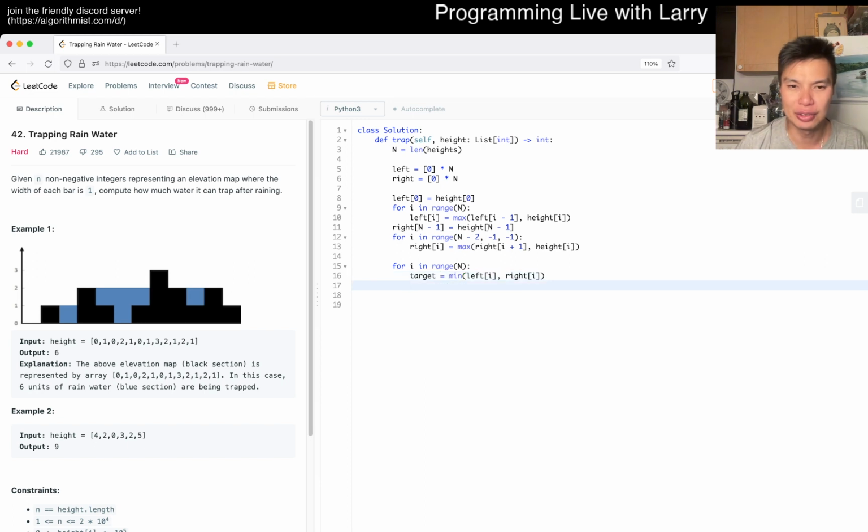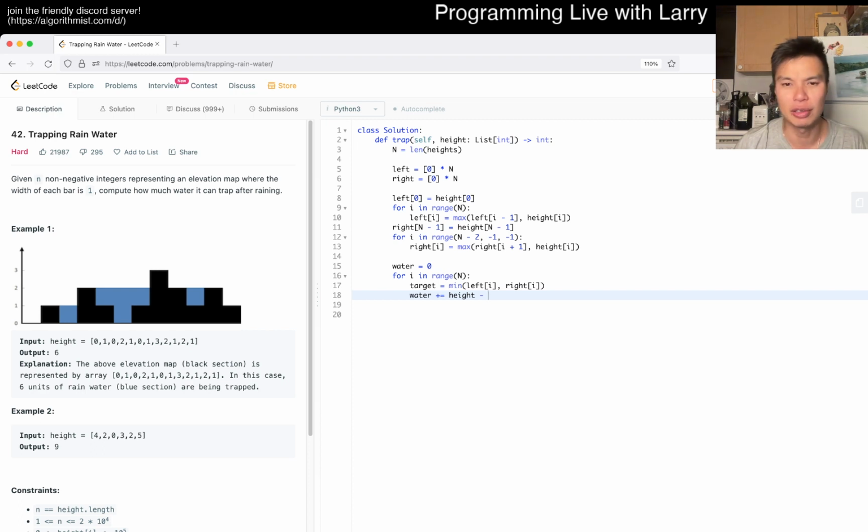And then water is equal to 0. And then now water, we just add to height minus, oh no, the other way around, right? Target minus height. I don't know if we need this, but we can show that it's greater than 0. And then we return water.